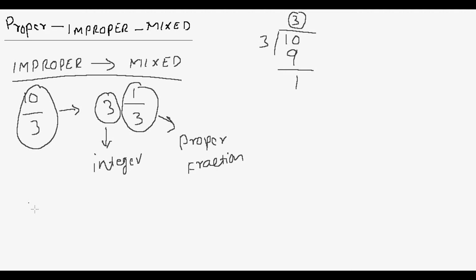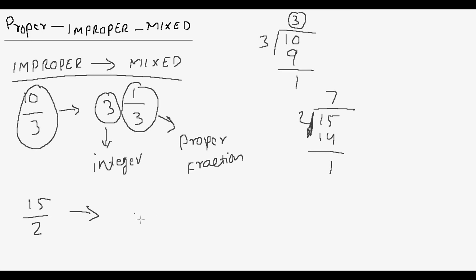Similarly, we can convert, say, 15 over 2, which is an improper fraction that has the numerator larger than the denominator, to a mixed fraction by simply dividing 15 by 2. 2 goes in 7 times, that's 14, the remainder is 1.